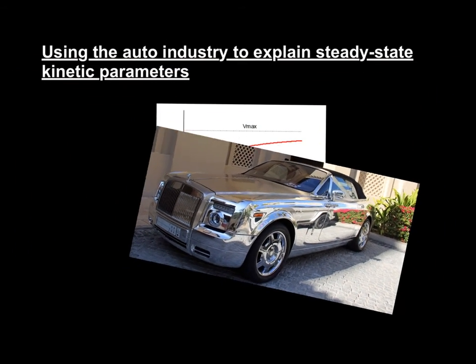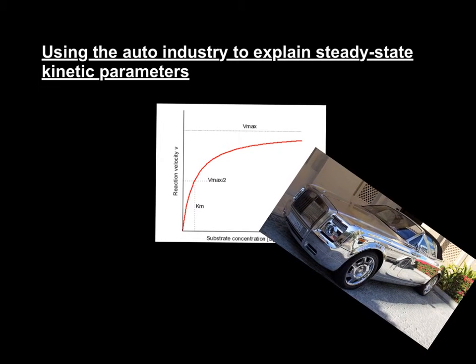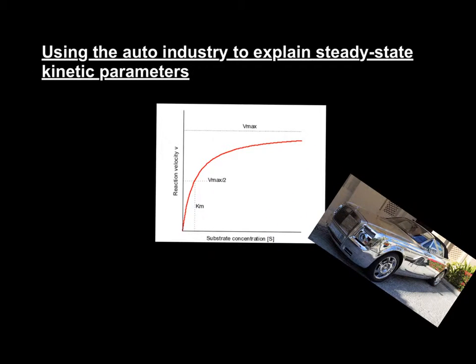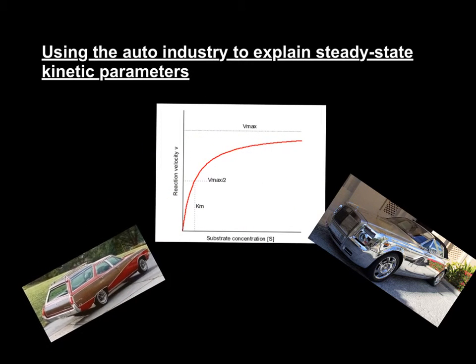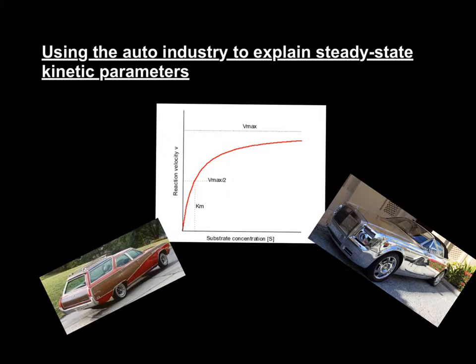So how can something like this, a Rolls Royce, or even a dear old classic favorite, the Vista Cruiser, explain kinetic parameters?